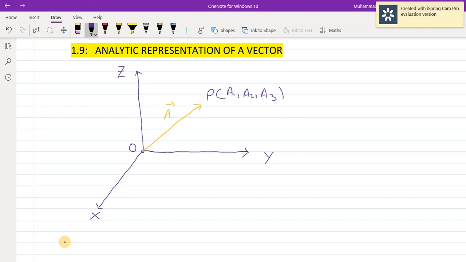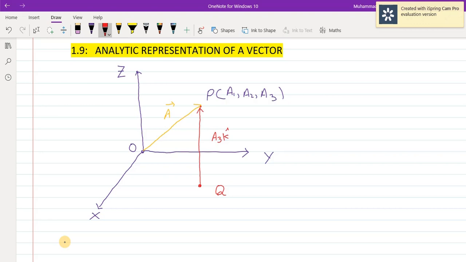To draw the components of vector A, first of all I will draw a perpendicular from point P to xz plane at point Q. This PQ in fact is z component of vector A, so we will denote it A3 k unit vector.